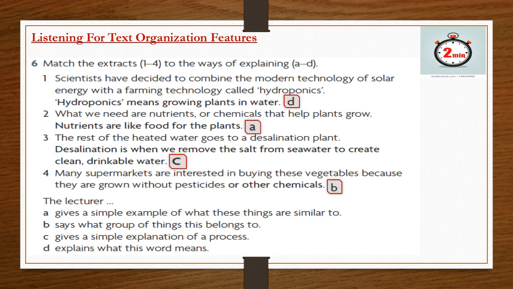Number 4, many supermarkets are interested in buying these vegetables because they are grown without pesticides or other chemicals. It says what group of things this belongs to: the pesticides and the other chemicals belong to a group of chemicals used in agriculture.